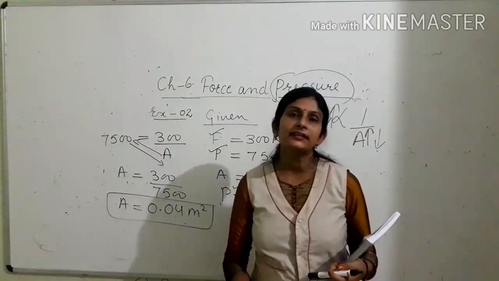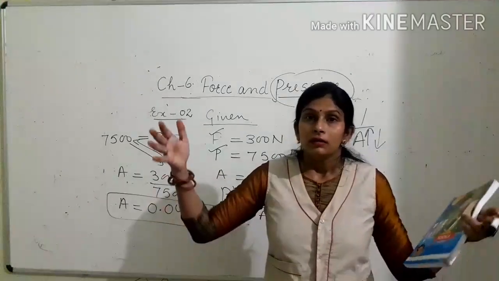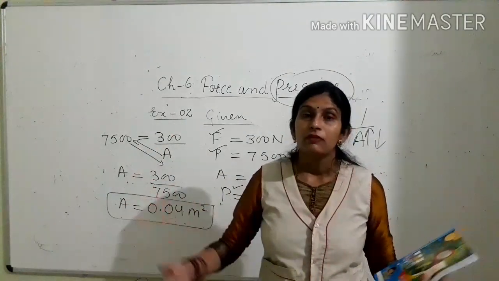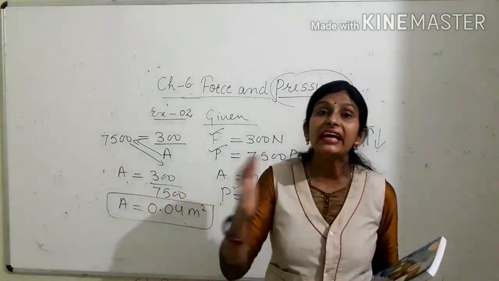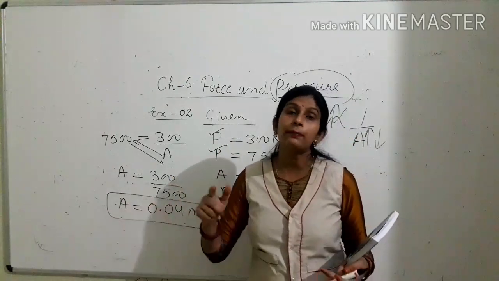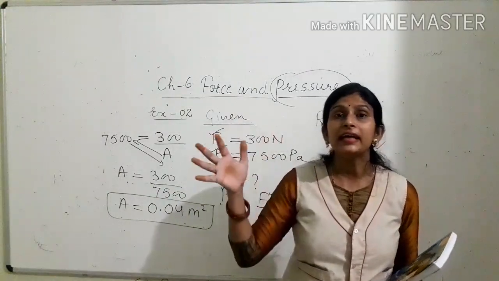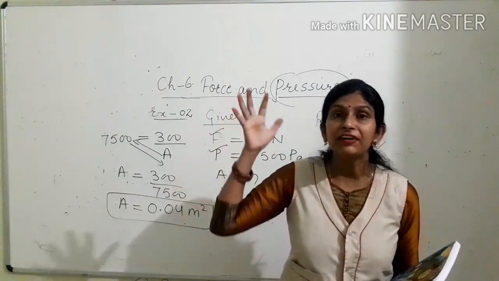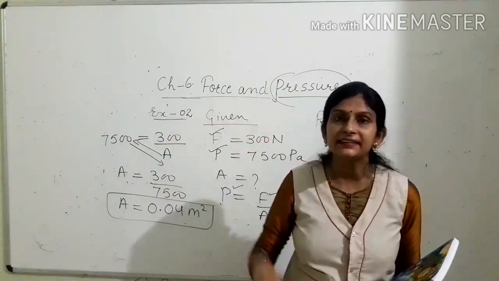Last but not the least, you must have seen that large trucks which carry heavy loads have 8 tires in place of 4 tires, so that when they are loaded with heavy luggage, heavy loads, their weight is increased.